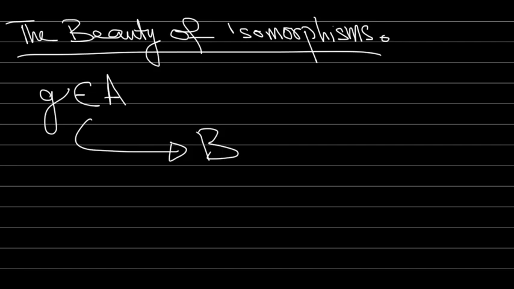Now, recall from group theory that to see the algebraic structure of a finite group, we only need its multiplication table. If you have any idea, which I think you do, about the very basic beginning of group theory, to understand the algebraic structure of a finite group, we only need to look at its multiplication table.